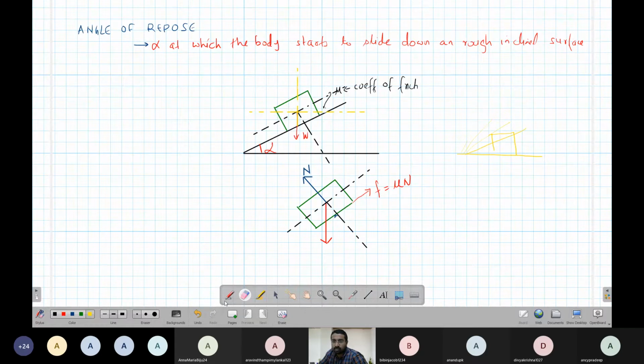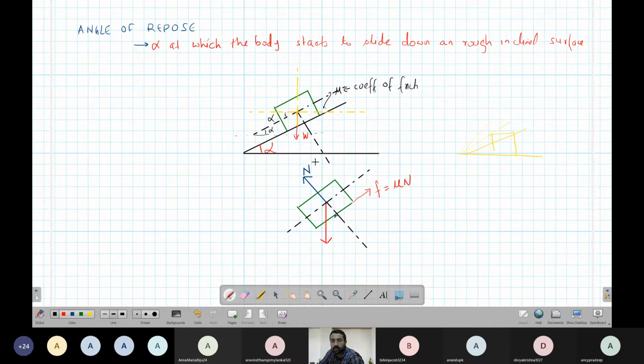So what you can observe is this line and this line are parallel. Okay, so that means this angle is also alpha. This is two parallel lines, so this alpha and this alpha.